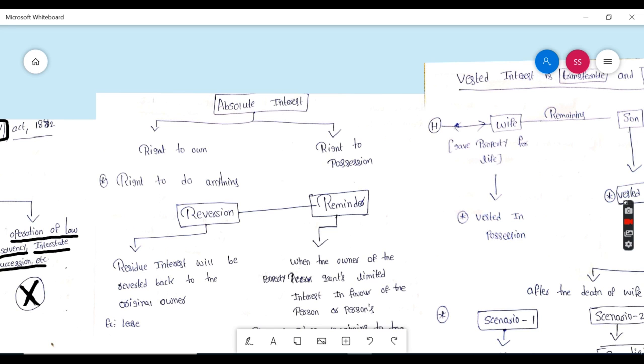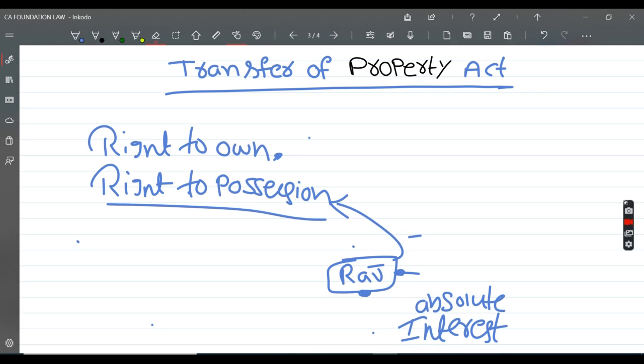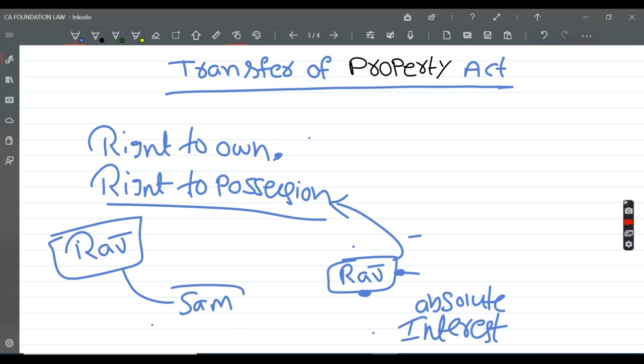They are telling about absolute interest. In absolute interest, there is a right to own, a right to possession, and a right to do anything with the product. Only then will we call it absolute interest. So if Raj is the absolute owner and he transfers the bike to Sam, then Sam will become the owner, and Sam will have the absolute interest in the product, in the asset.